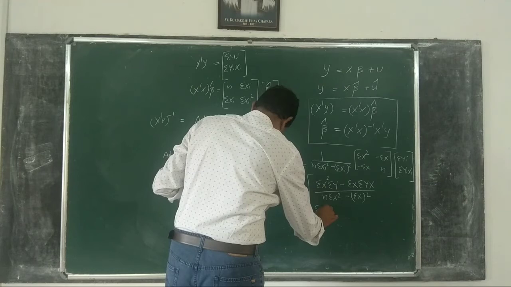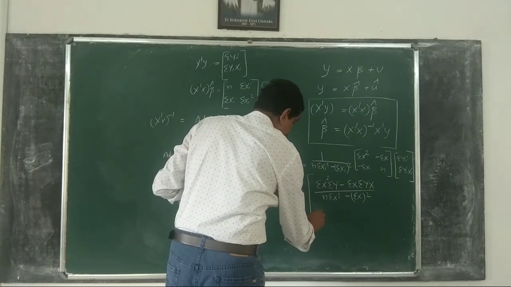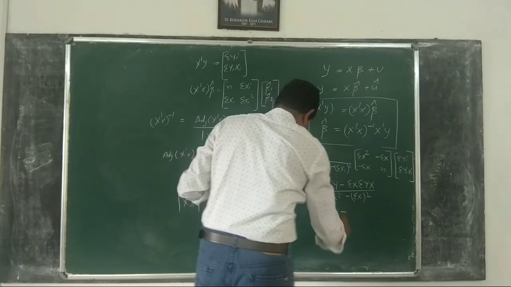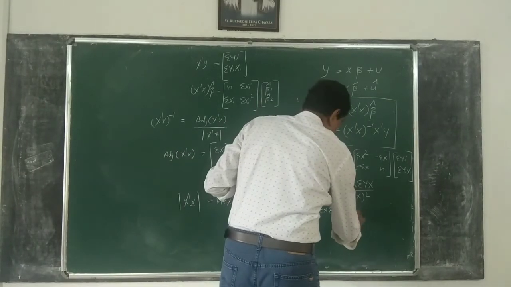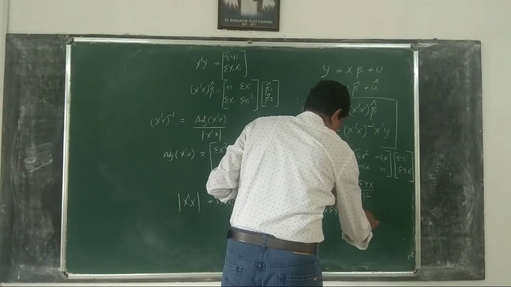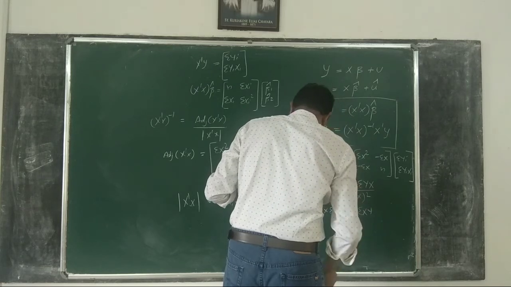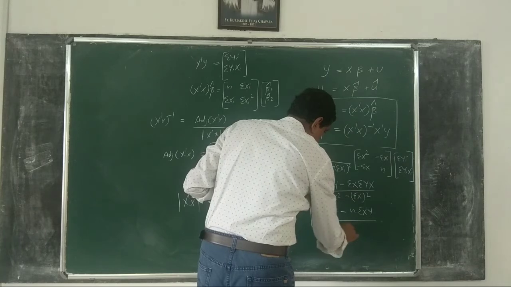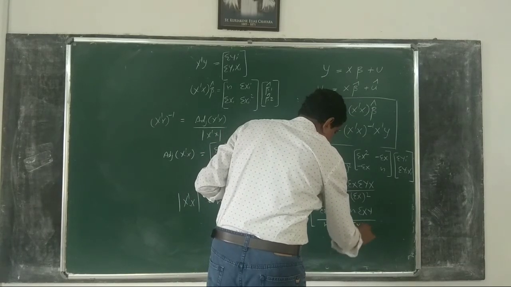Next is minus sigma x into sigma y plus n into sigma xy, divided by n into sigma x square minus sigma x the whole square.